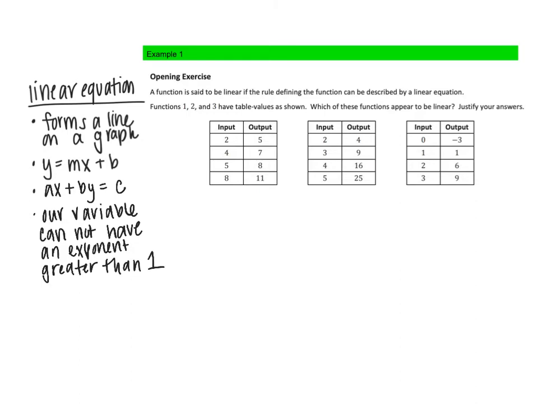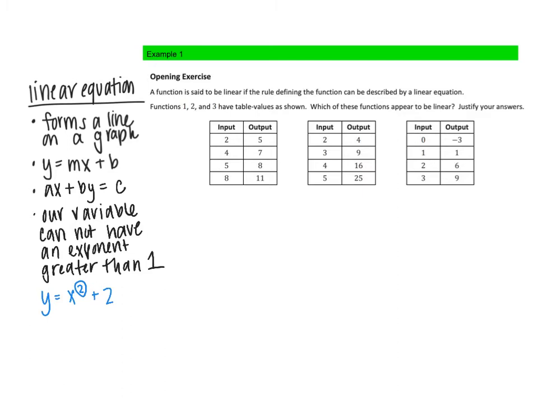Okay, so for example, if I had an equation that said y equals x squared plus 2, this would not be linear because of this exponent right here.